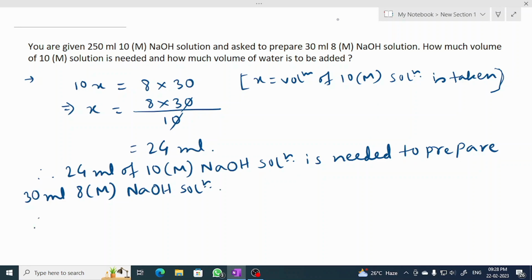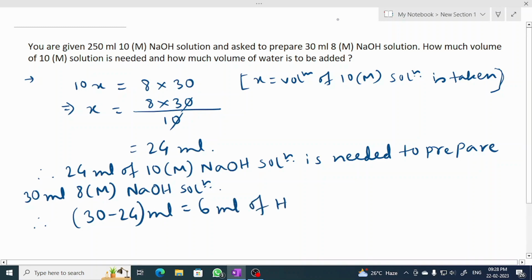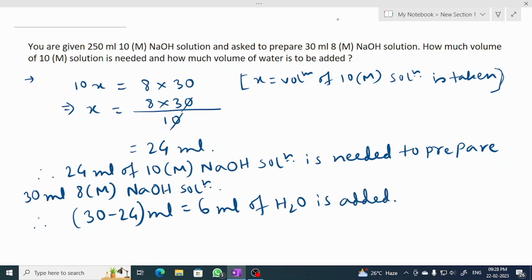And what will be the volume of water added? It is 30 minus 24 ml, 6 ml of water is added. Here we can get a clear idea of the formula and its application.